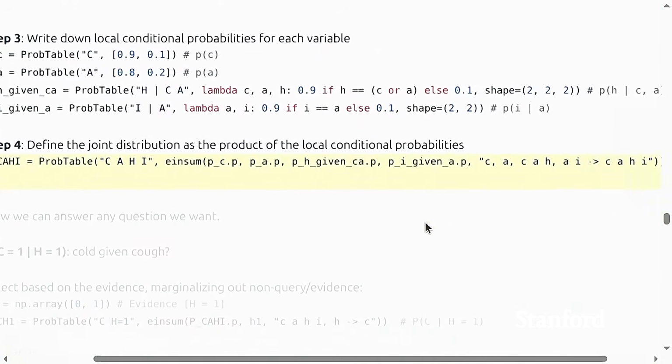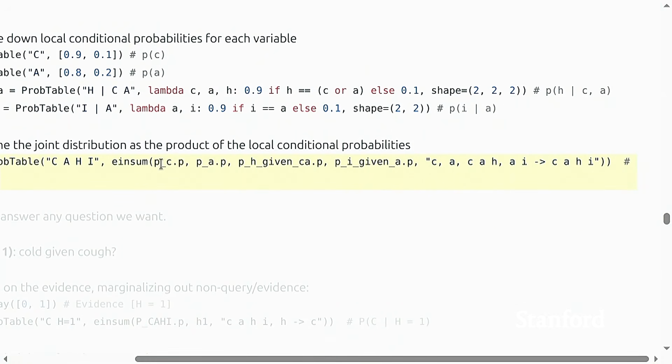But conceptually, it's hopefully clear that you just take the local conditional distributions and multiply them all together, and you just have to make sure that you put all the right indices here. For each of these 4 local conditional distributions, you have to write down the variables in the order that it came. And just as a convention, this is written H given CA, and I always write the conditioning variables first, and then the variable itself last.